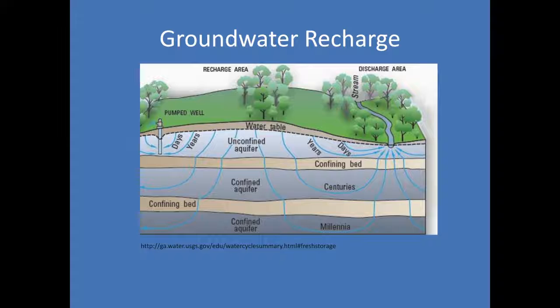The further you are away from your surface hydrology, the longer it would take. But you could see some of the confined aquifers that are much deeper, chemicals that migrate and infiltrate much deeper down sometimes take centuries to millennia to actually reach that surface hydrology.